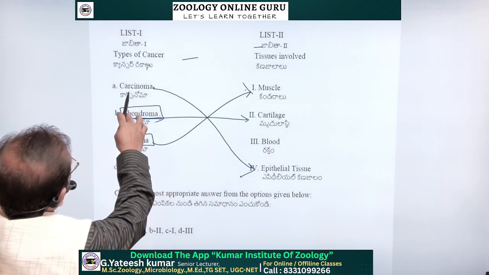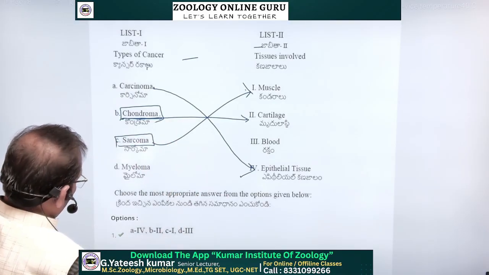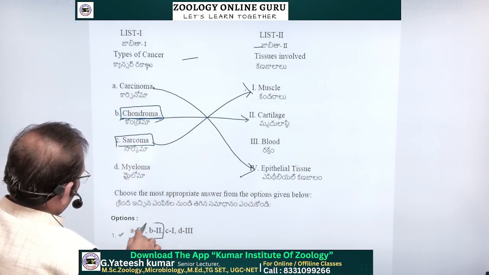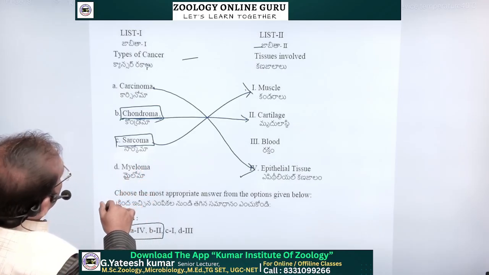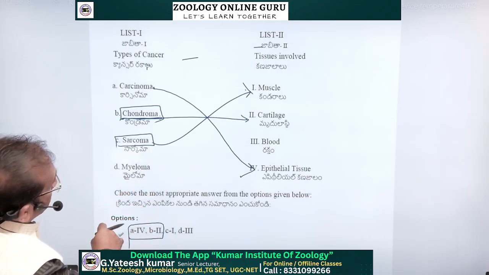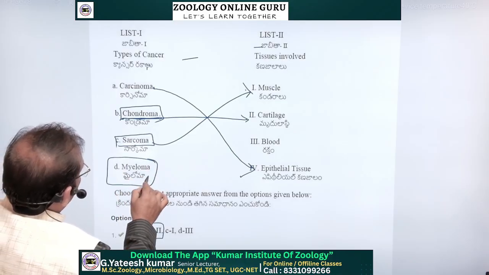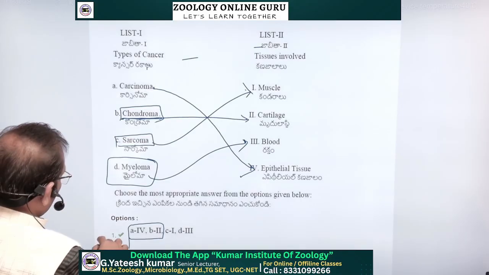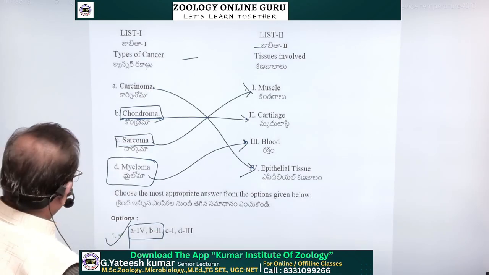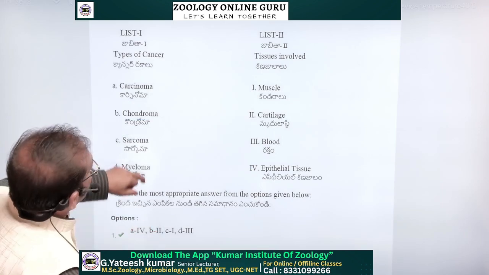Myeloma, see here, A4, B2, C1. Okay, C1 sarcoma, muscle. Myeloma, myeloid cells, blood. Yes, correct. The first option is correct: A4, B2, C1, D3. First option correct.